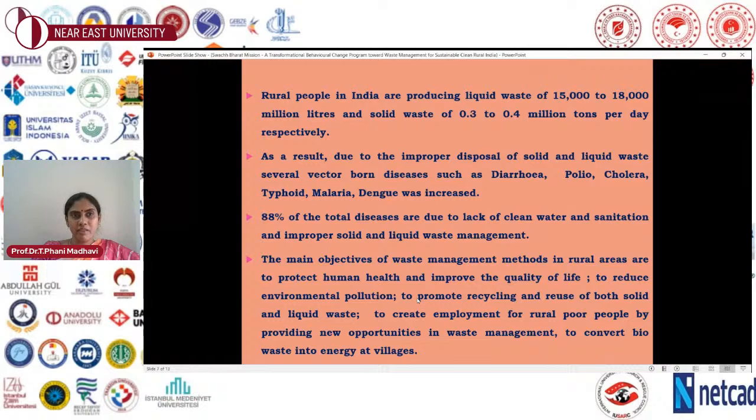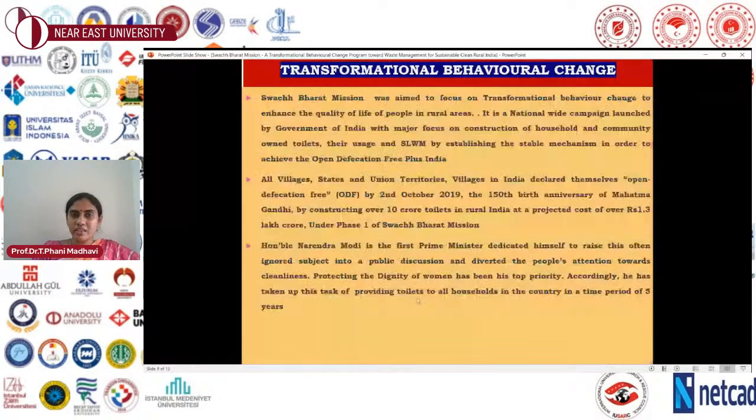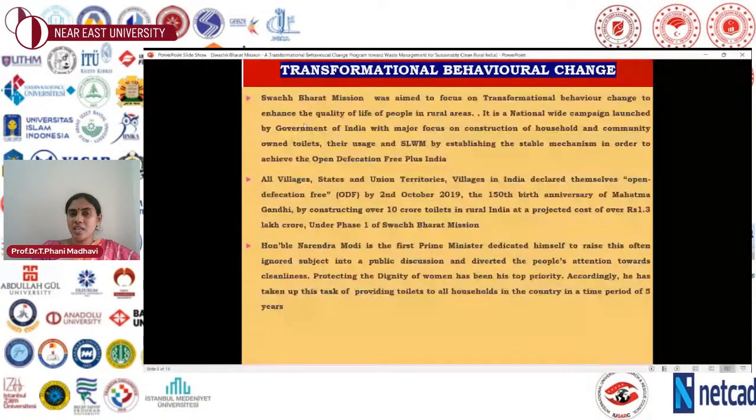So, transformational behavior change. How to bring a transformational change by improving the attitudes of the people. So the Swachh Bharat Mission was aimed majorly to focus on transformational behavioral change to enhance the quality of life of people, particularly in rural areas.